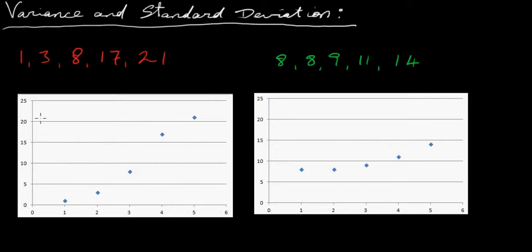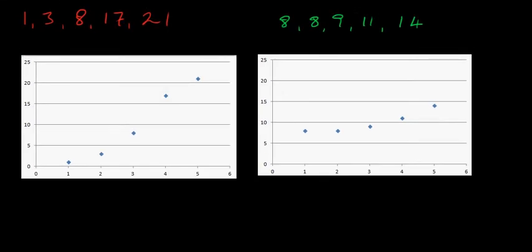Now if we were to take the mean of this set of data and the mean of this set of data, let's just work that out first. So let's just take the first one. We're just going to take 1 plus 3 plus 8 plus 17 plus 21, and we're going to divide by 1, 2, 3, 4, 5. This will give us our population mean, if you like.